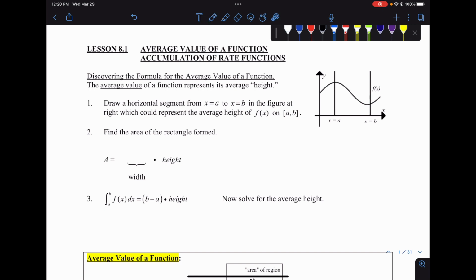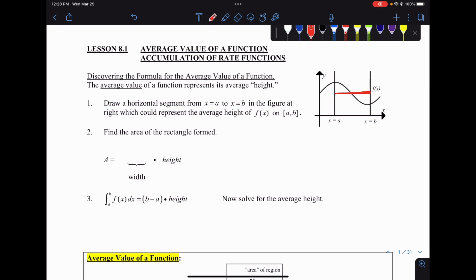So when x is equal to a right here, my height's up here. When x is equal to b, my height's down here. So the average height is maybe somewhere in the middle. So it wants me to draw a line that represents the average height. So that height is kind of my average value of whatever this f of x function is.